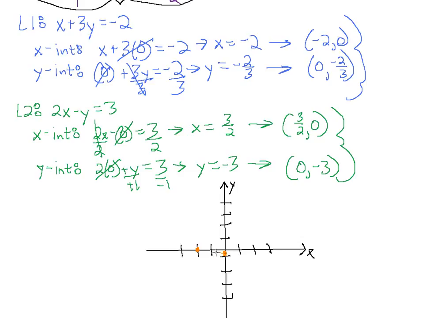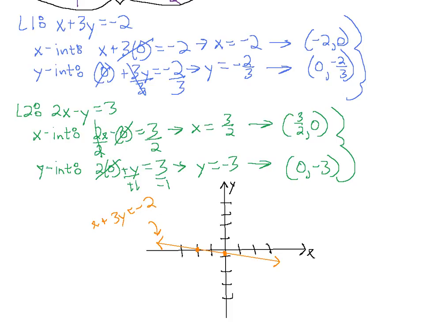Let's connect these two points with a line, making it as straight as possible. This line continues infinitely in both directions, and it's described by the equation x plus 3y equals minus 2.